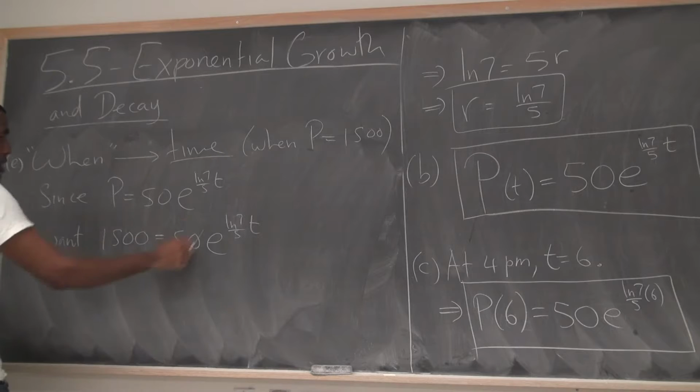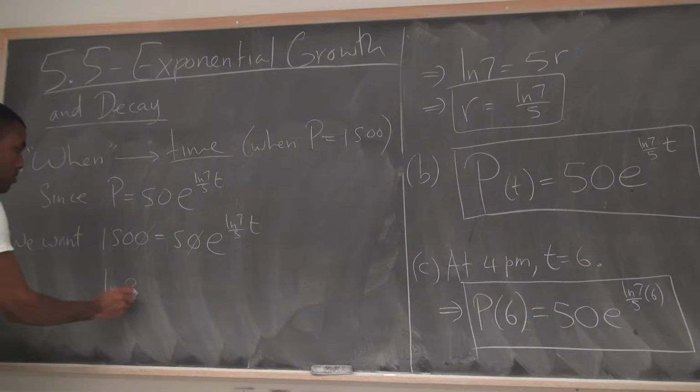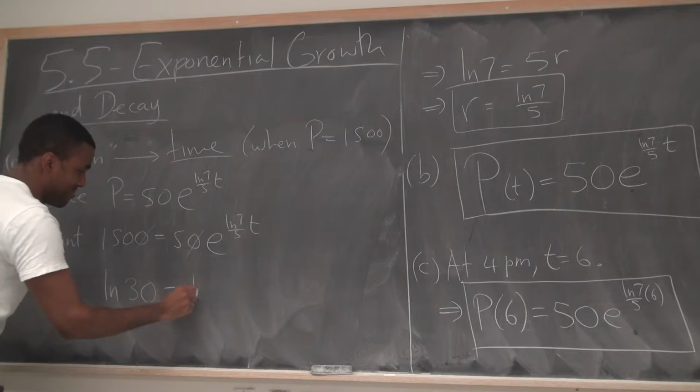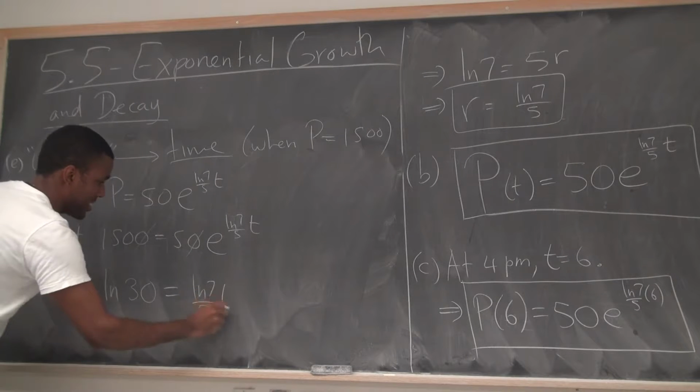So you divide both sides by 50. And ln both sides. So 5 into 150 goes? Yes, it's late. Okay.